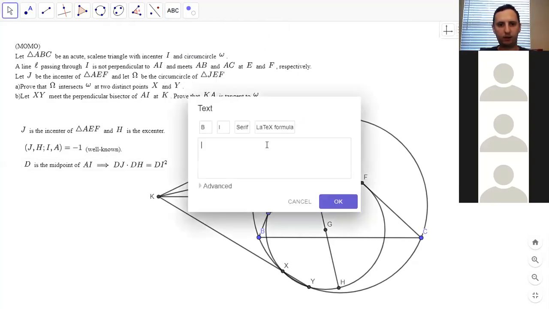So D lies on the radical axis of the circle JEF and the point circle I.